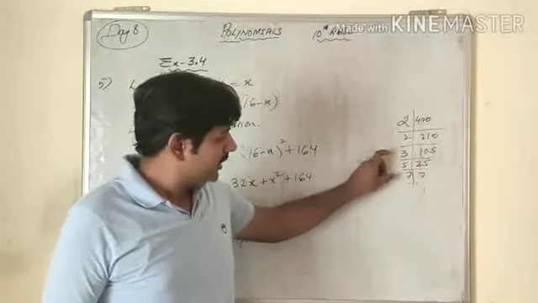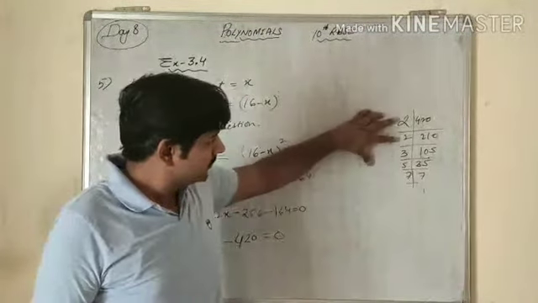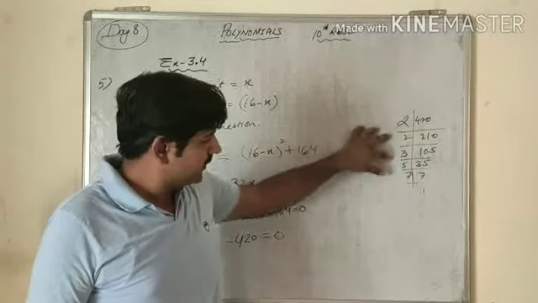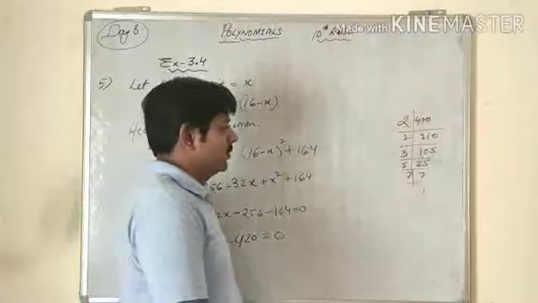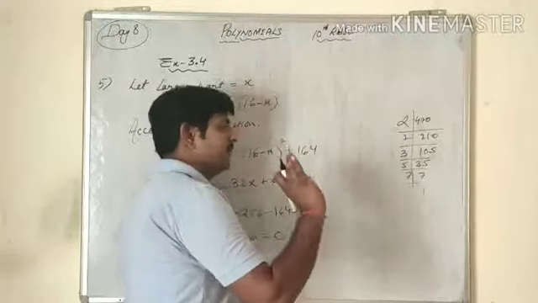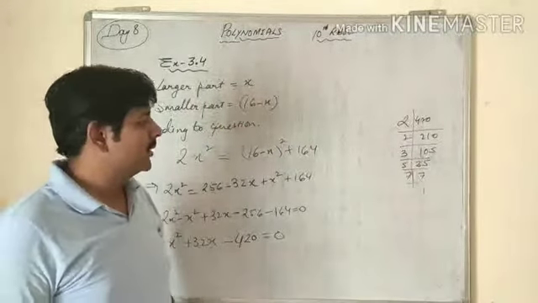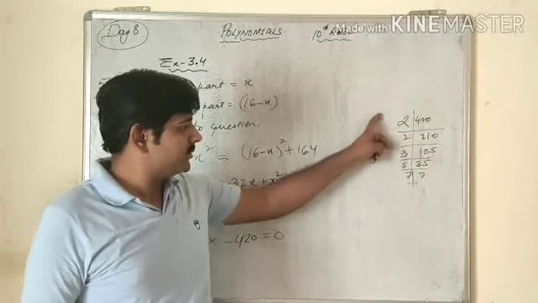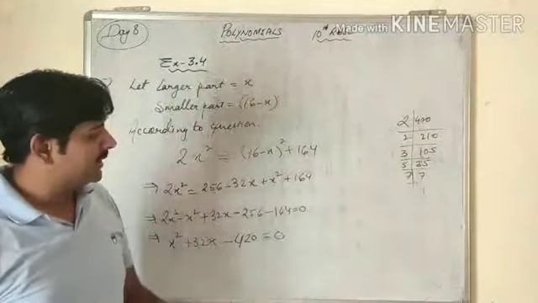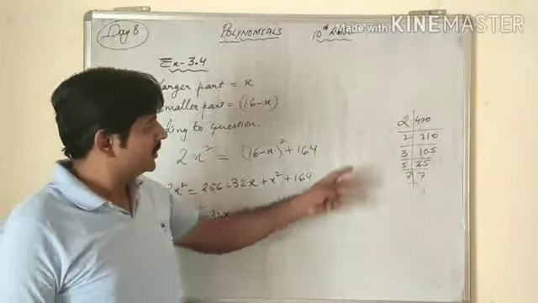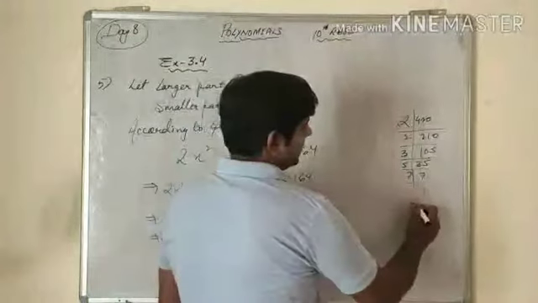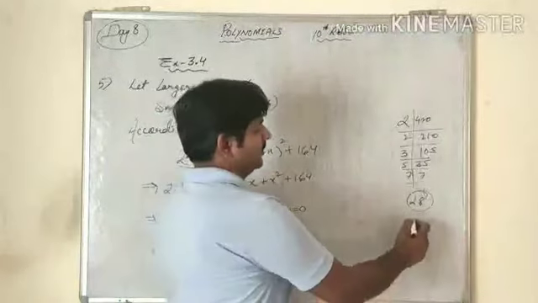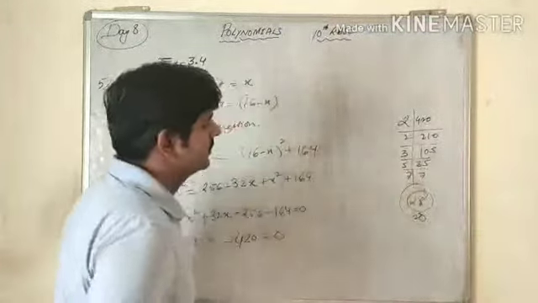So if I talk about 2 fours and 4 fives are 20, so 20 and 21 will fail for this. 35, 3 sixes are 12, that is also wrong. 4 sevens are 28 and 20, that is also wrong.